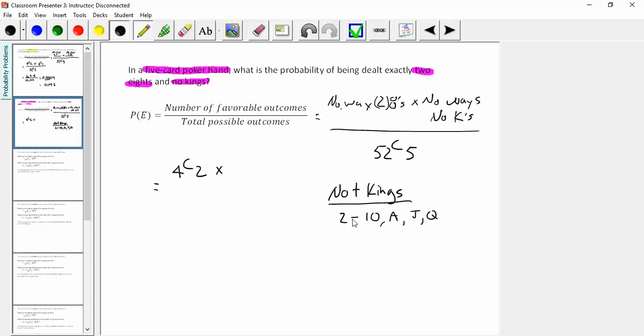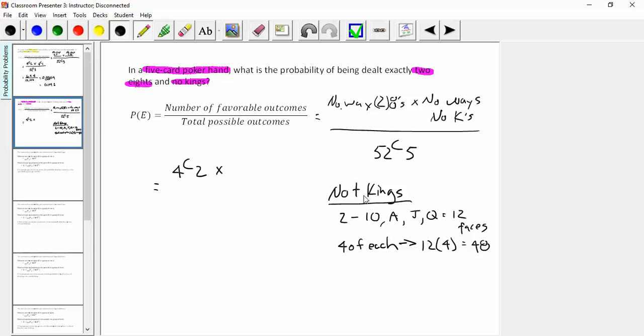So how many cards is that? 2 through 10 is 9 cards. 10, 11, 12. 12 faces. But we got to remember we got 4 of each. So we've got 12 faces times 4 of each. We've got 48 cards that are not kings.